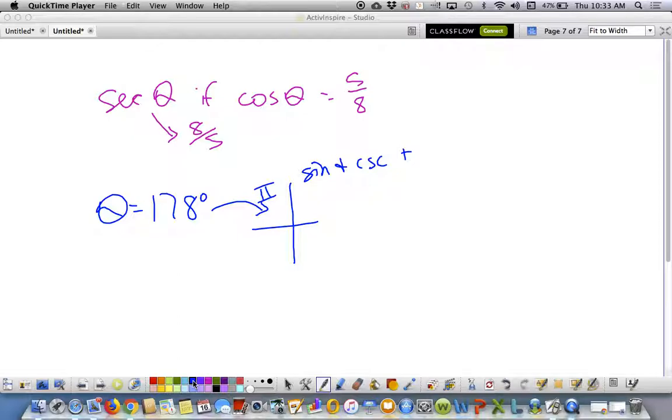So it's just asking for what would be positive. Is to determine the signs, positives or negatives. Okay? Can you find which quadrant, if you're given sine theta is greater than 0 and tangent theta is greater than 0, what quadrant are you in?